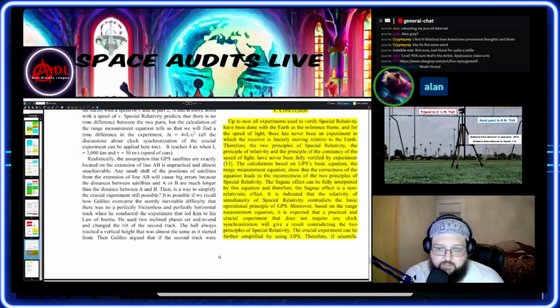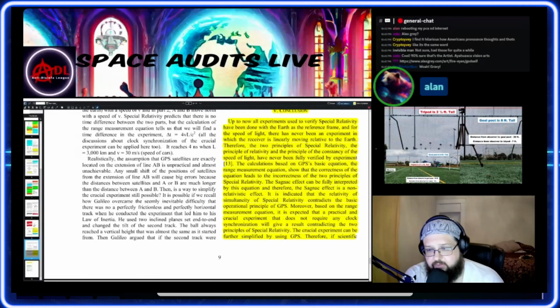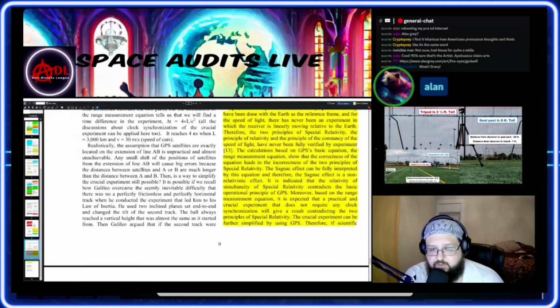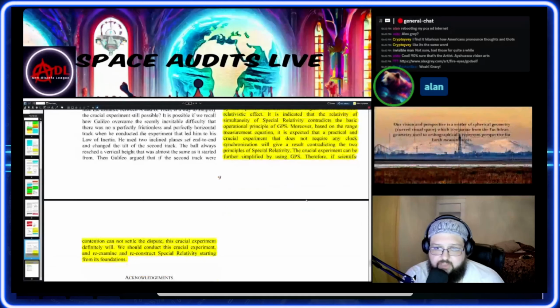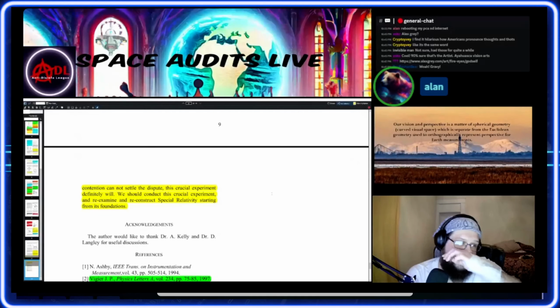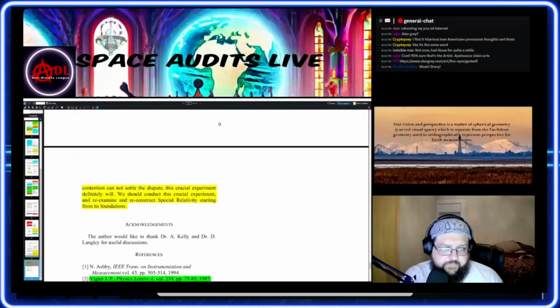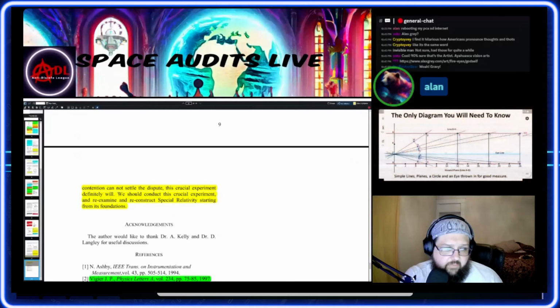Moreover, based on the range measurement equation, it is expected that a practical and crucial experiment that does not require any clock synchronization will give a result contradicting the two principles of special relativity. The crucial experiment can be further simplified by using GPS. Therefore, if the scientific contention cannot settle this dispute, this crucial experiment will.